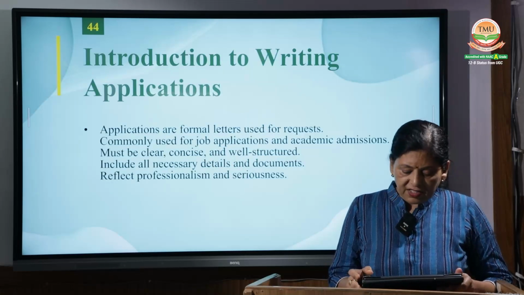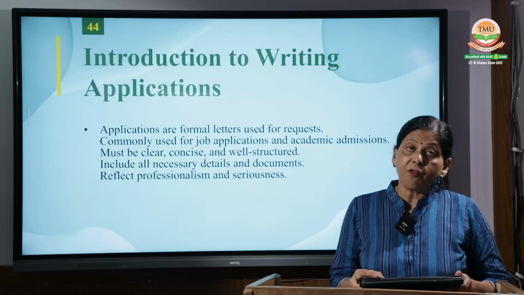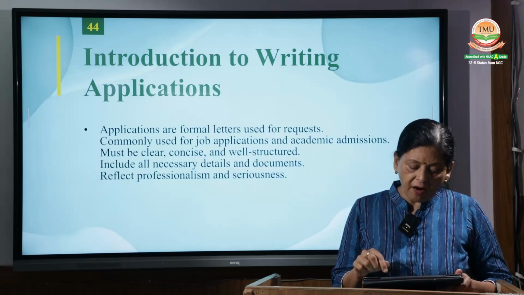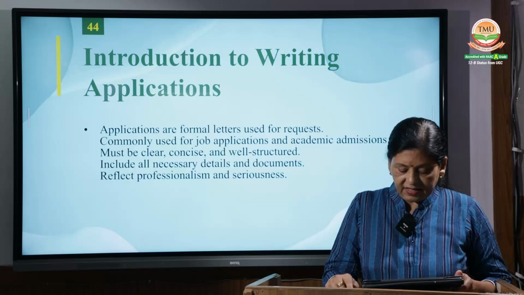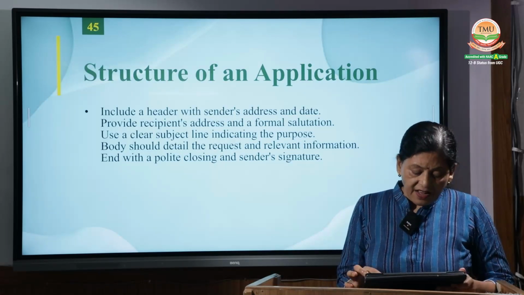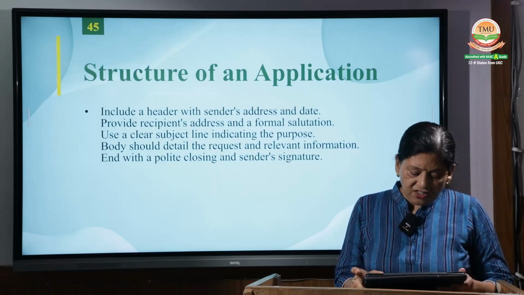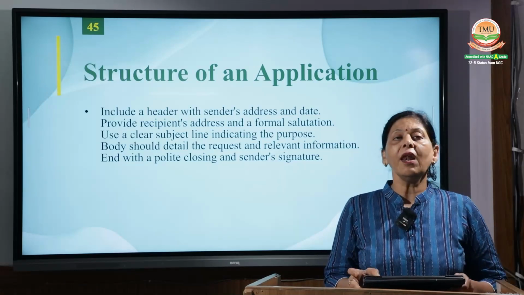Then after the introduction to writing an application, that means applications are formal letters, they are used for jobs and everything that we have just discussed. Now the structure of an application is exactly the same as the structure of the formal letter.